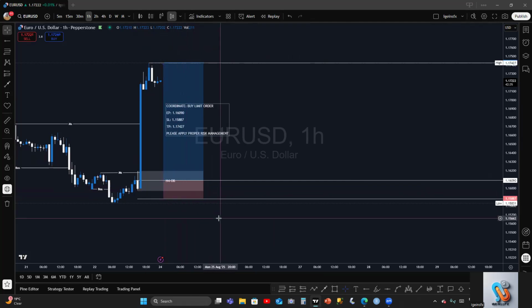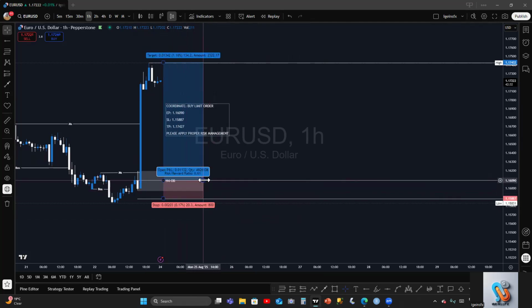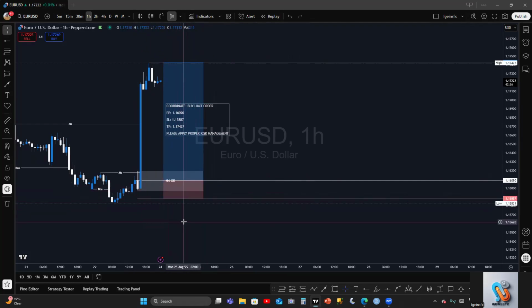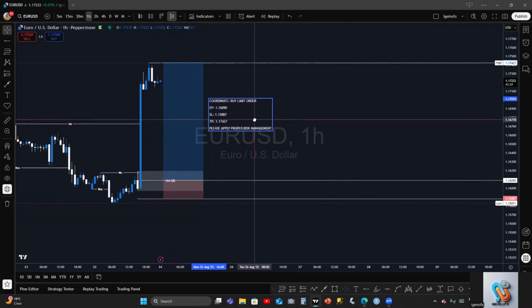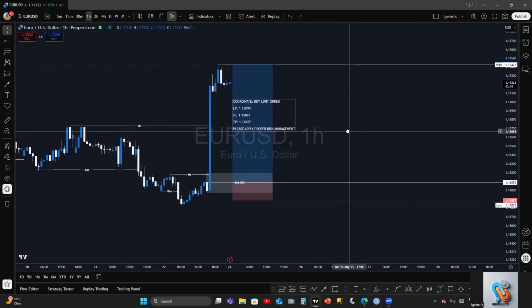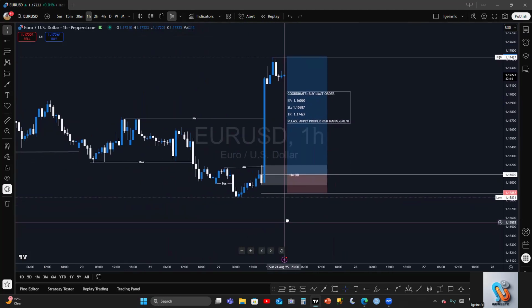Always note that your entry point to your stop loss level, the number of pips will determine your lot size.